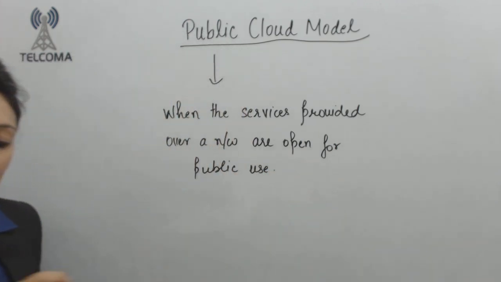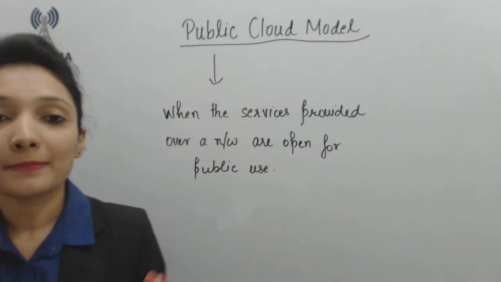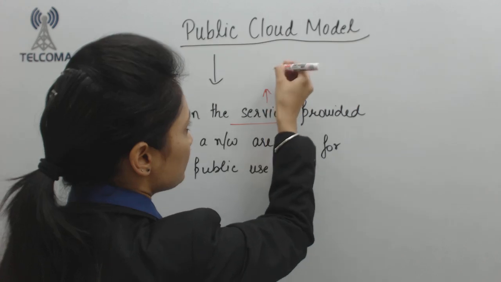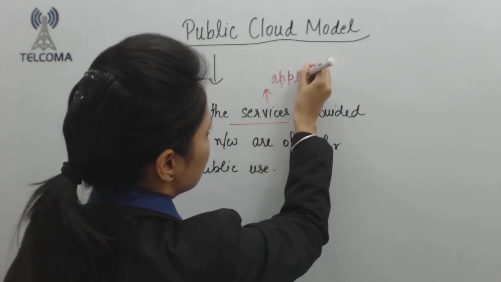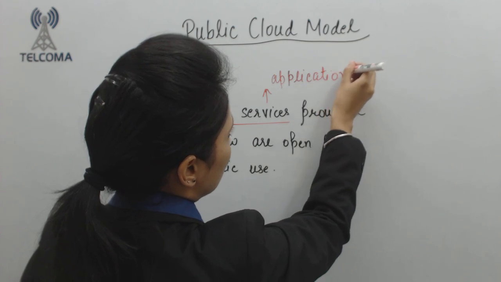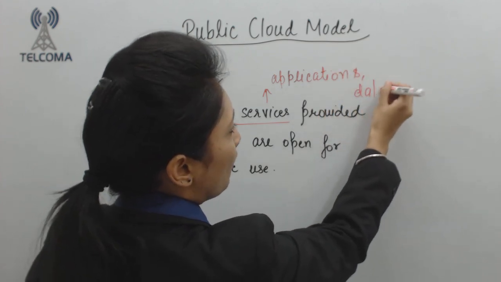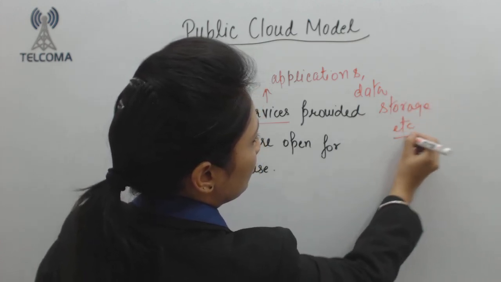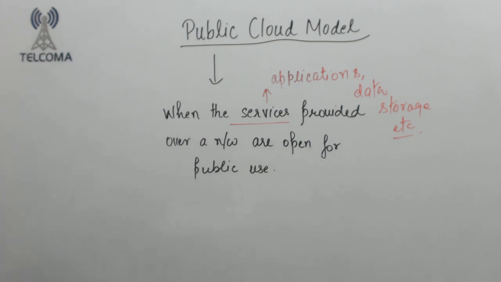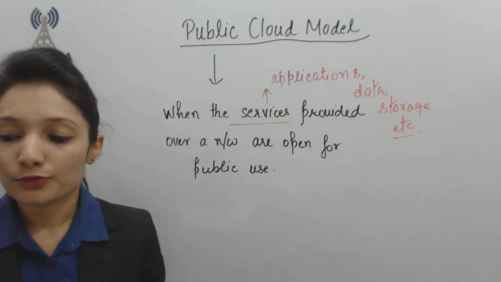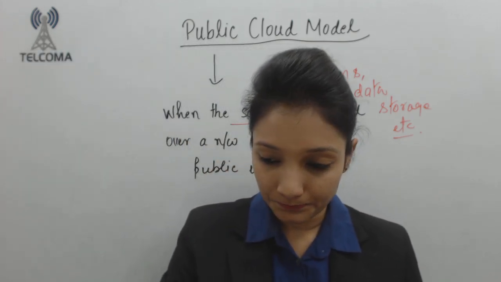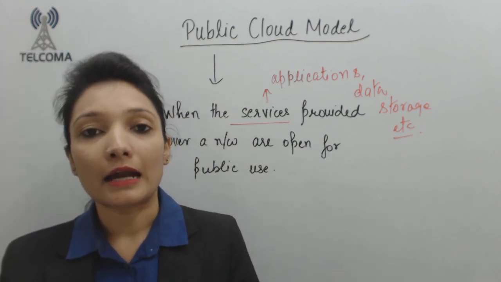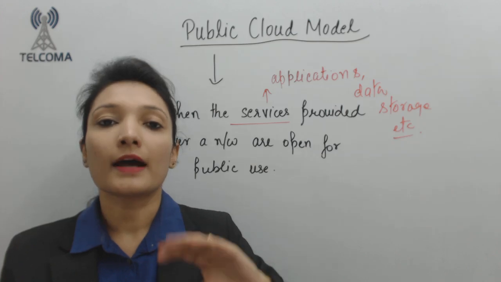That means the various applications or data storage etc. are available for general public use over the internet. So the public cloud basically allows the systems and services to be easily accessible by the general public.